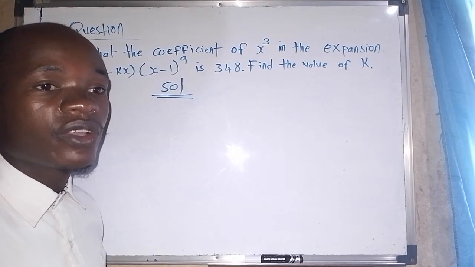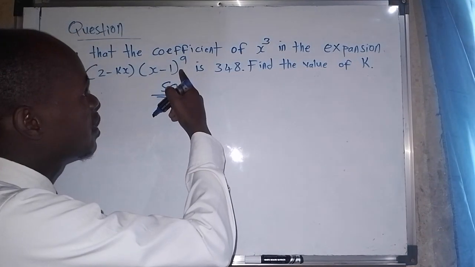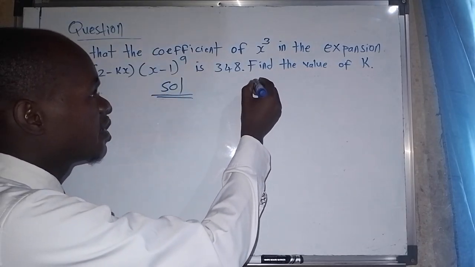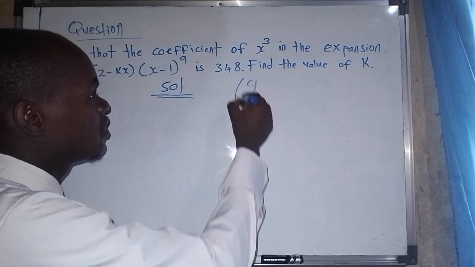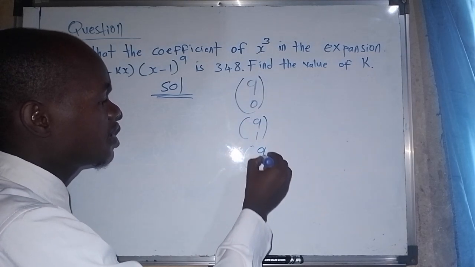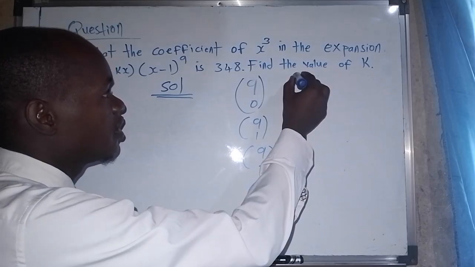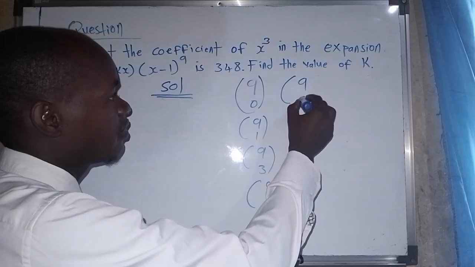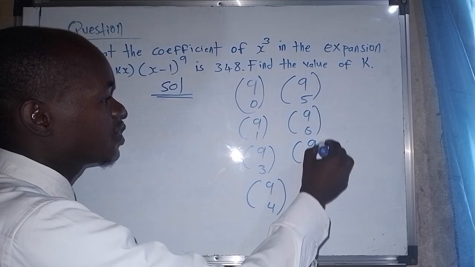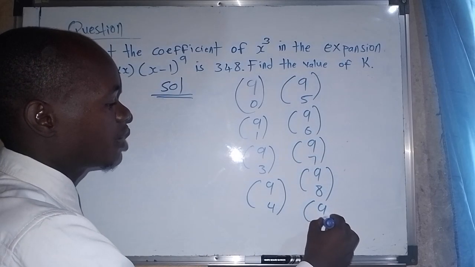We can use what we call the binomial coefficients. For example, for x minus 1 to the power 9, we can start with 9 combined 0, then 9 combined 1, then 9 combined 2, 9 combined 3, 9 combined 4, 9 combined 5, 9 combined 6, 9 combined 7, 9 combined 8, then 9 combined 9.